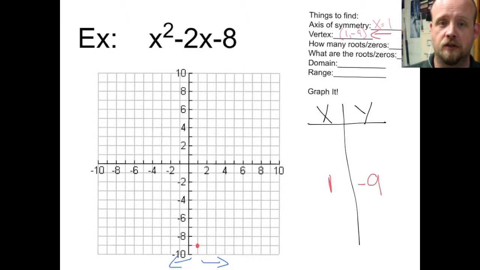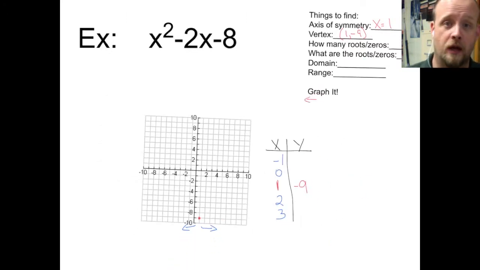The one number less than 1 is 0. A number less than 0 is -1. On the positive side, the numbers right beyond 1 are 2 and 3. These are the values that we want to find when we're looking to fill out our graph. So let's find those real quick.